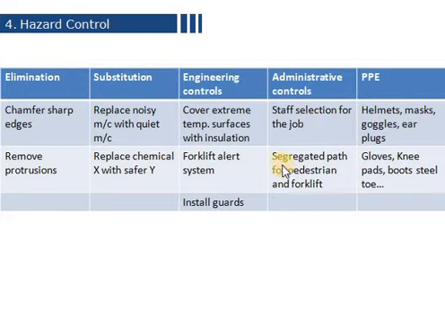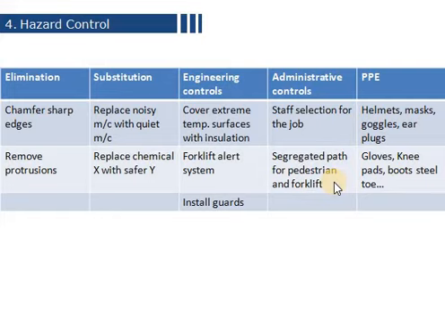Or for example, segregate the path for pedestrians and the forklift. We will have separate paths to avoid pedestrians getting hurt by, let's say, rotating and moving machines and so on.